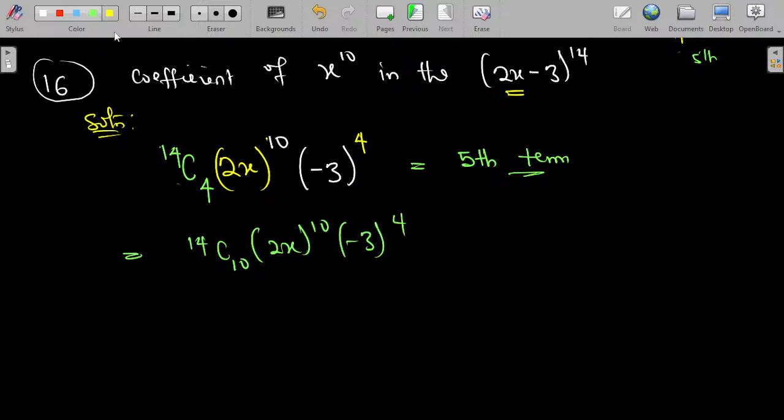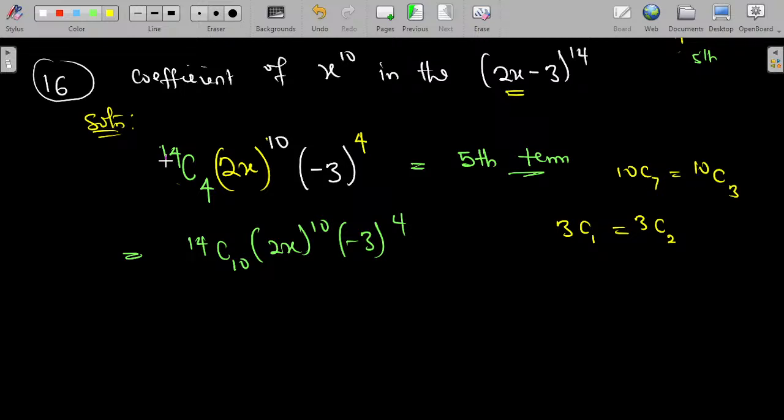And if you are not careful, you would want to be confused. You don't have to be confused. Actually, it's supposed to be 14 combination 4, but they chose to write 14 combination 10 because they are equal. Remember, I told you up there, under the concept of complementary combination, that for example, 3 combination 1 is equal to 3 combination 3 minus 1, which is 2. 10 combination 7 is equal to 10 combination 10 minus 7, which is 3.